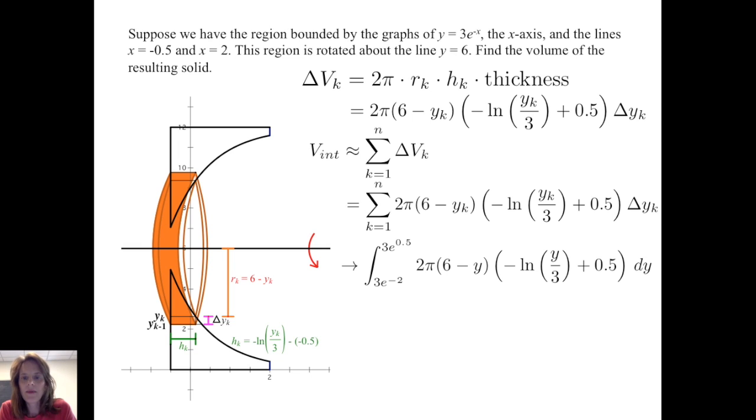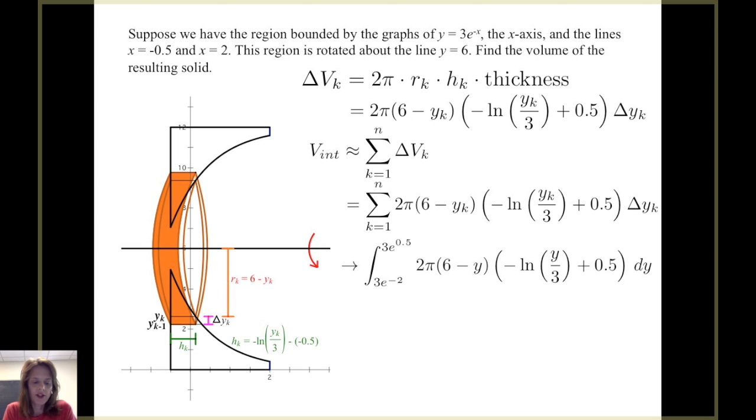As I take the limit of that sum, as the norm of the partition goes to 0, in other words, as the width of the rectangles goes to 0, I get the definite integral of 2 pi times (6 minus y) times (negative natural log of y over 3 plus 1/2) dy. And because I partitioned the interval from y going from 3 times e to the negative 2 to y equal 3 e to the 1/2, those become my limits of integration.